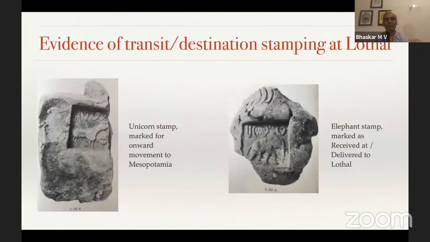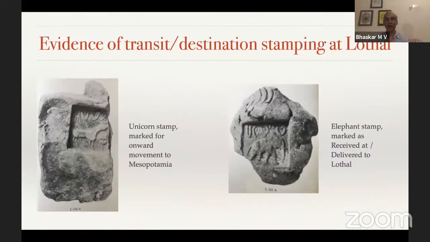When I claim that this is a cargo stamp, it is all right to hypothesize, but is there any evidence? Is there any proof for such a claim? I found these seals in Lothal. Please don't mistake me, I'm not an archaeologist; I'm not going and digging and finding it in Lothal.